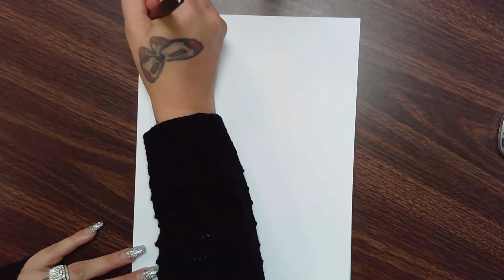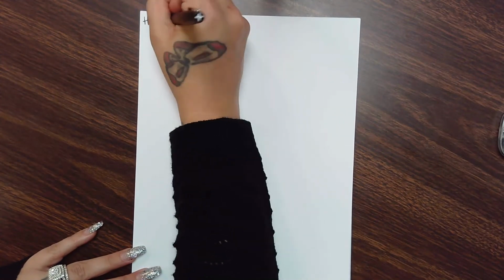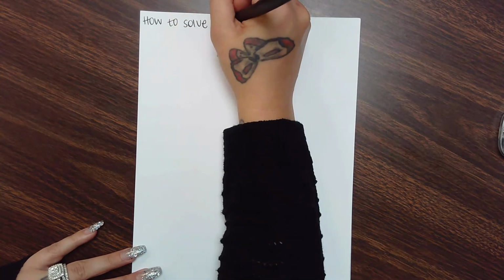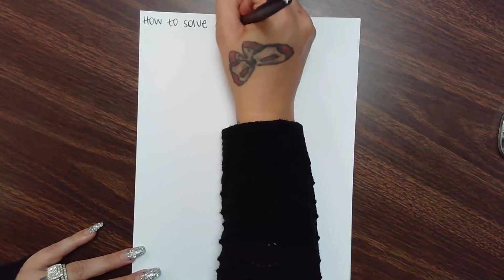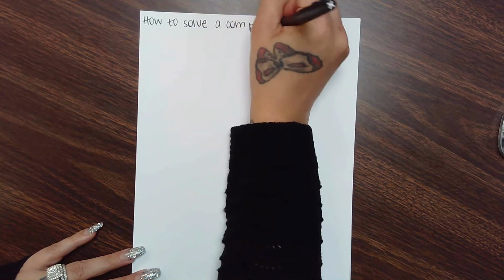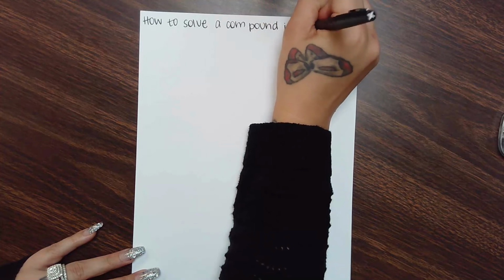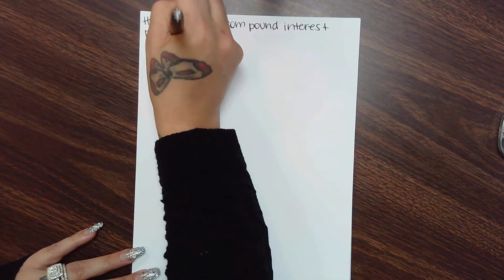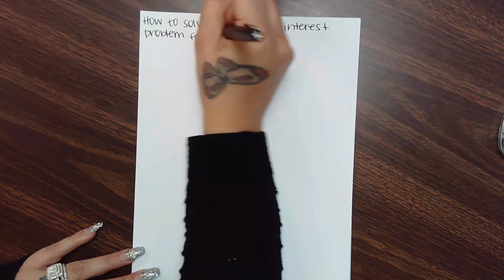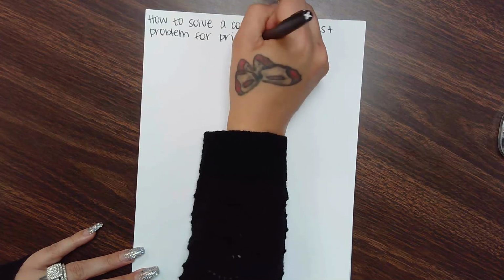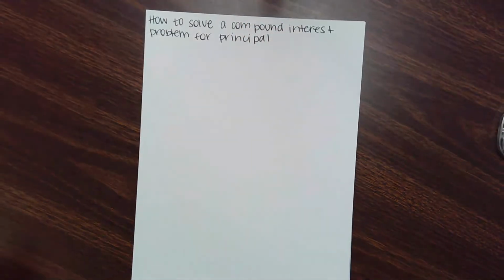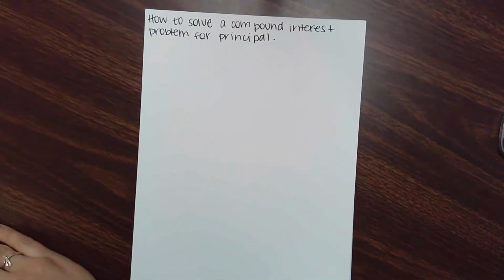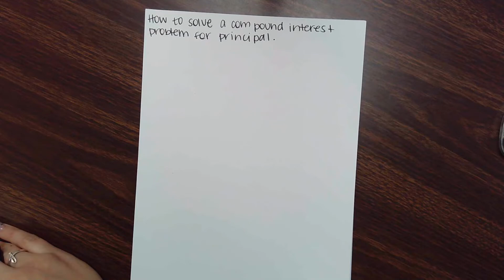What we're going to do is how to solve a compound interest problem for principal. They're saying what you don't know is the principal, which means you have to know every other variable.